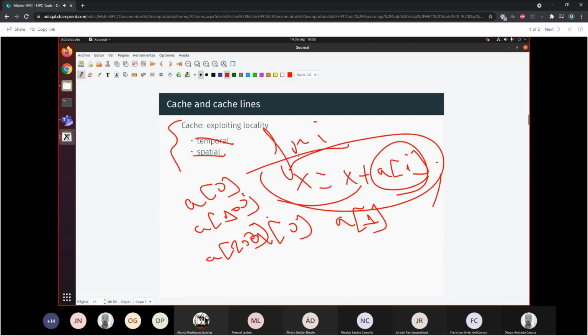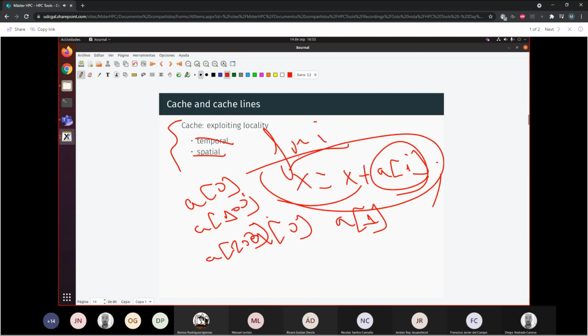Think in the situation where you have in your instruction set one instruction that is able to execute this addition in groups of 4. So it's able to execute a0, a1, a2, a3 at the same time, and then a4, a5, a6, a7 at the same time, and so on.